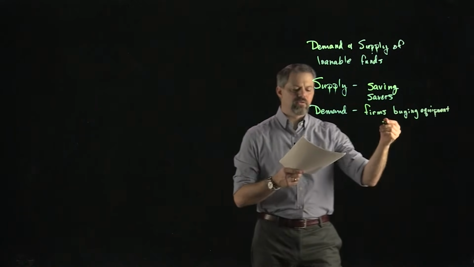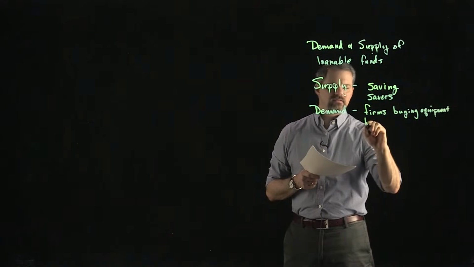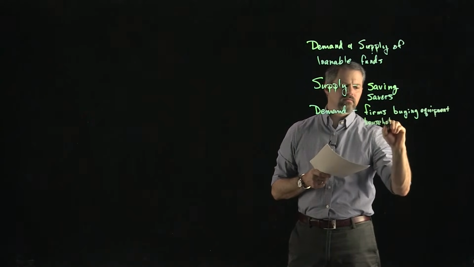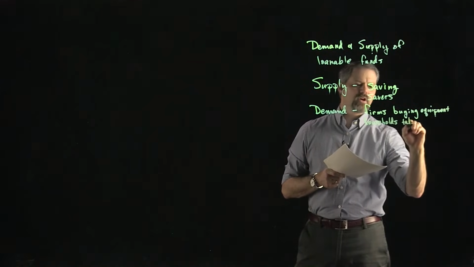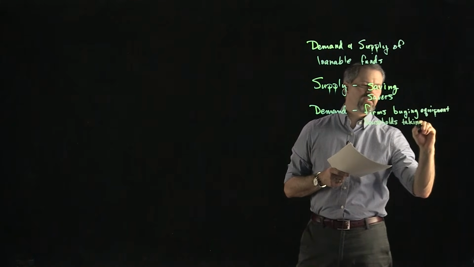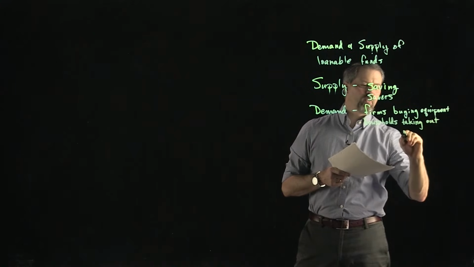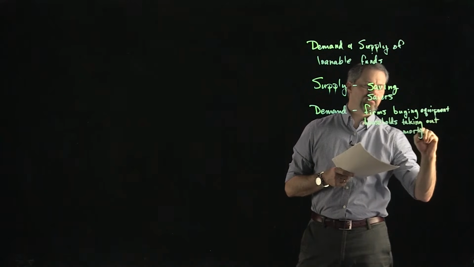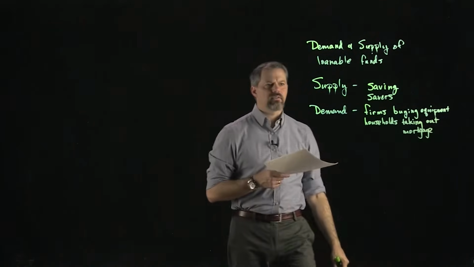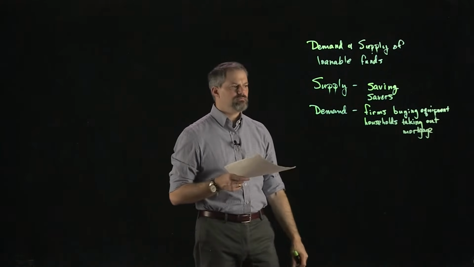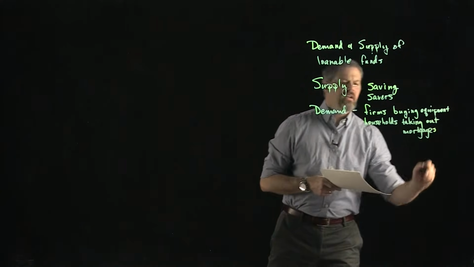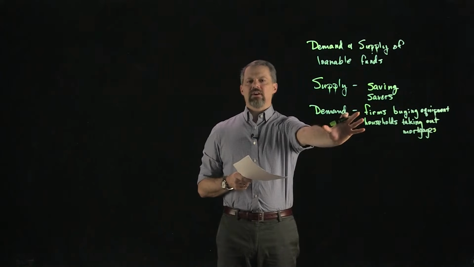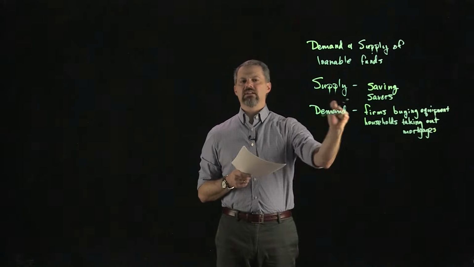Could be households taking out mortgages. We would call that residential investment, taking out a mortgage. A mortgage is simply a loan for a house. Let's say mortgages. So the demand for loanable funds, people who want to borrow money to engage in investment.